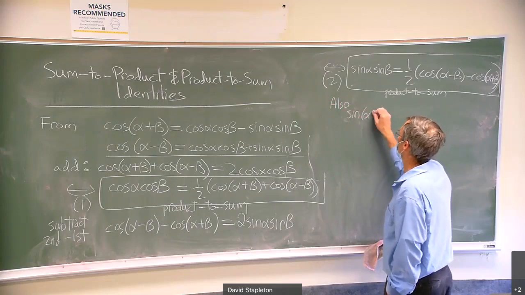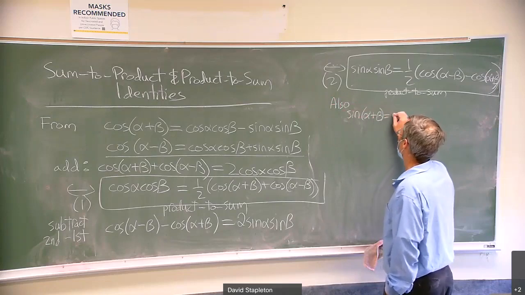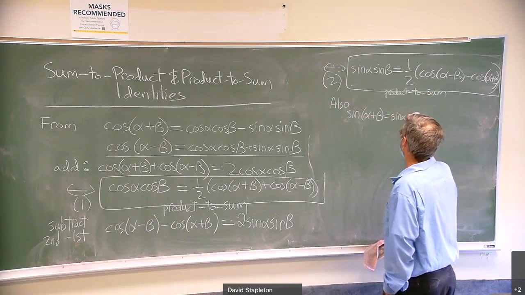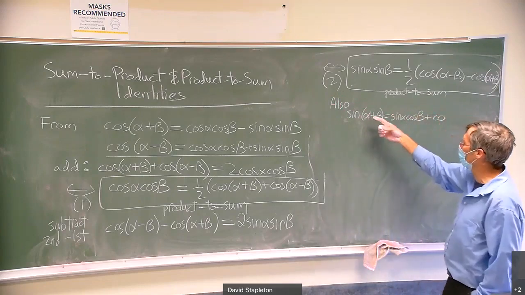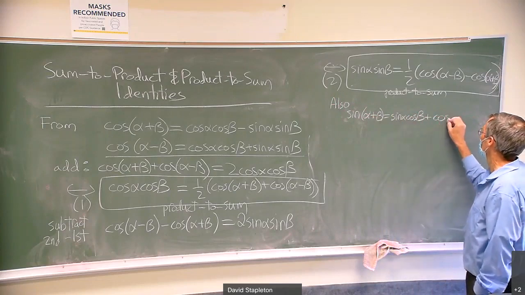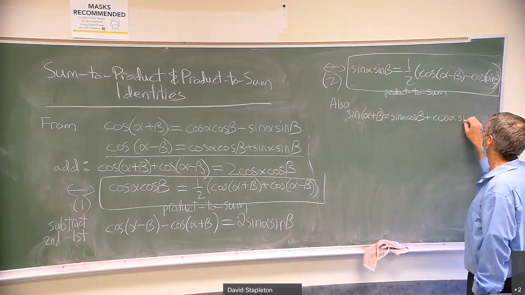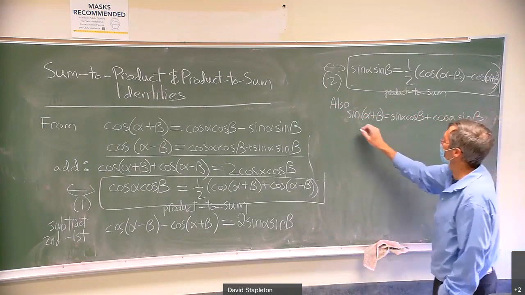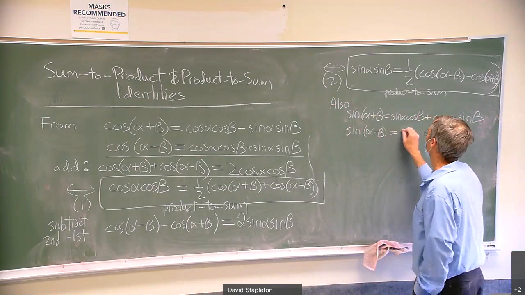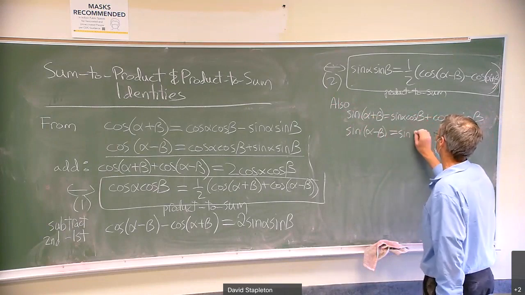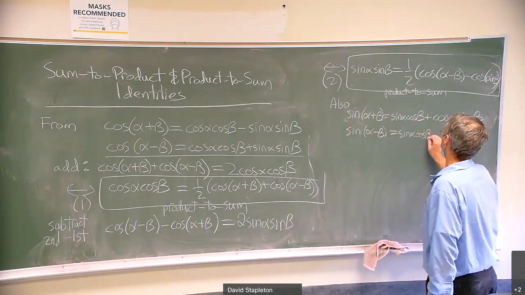Sine alpha plus beta, we recall, is sine cosine plus cosine sine, with the sum identity for sine plus goes with plus. And similar to the difference identity, minus goes with minus. So sine of alpha minus beta is sine cosine minus cosine sine.